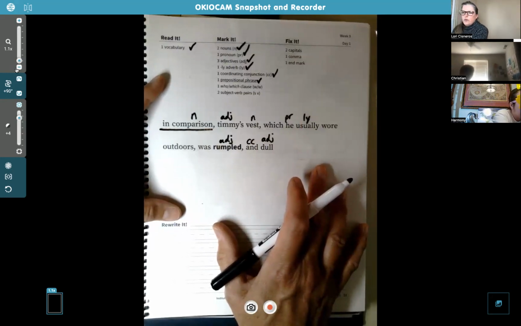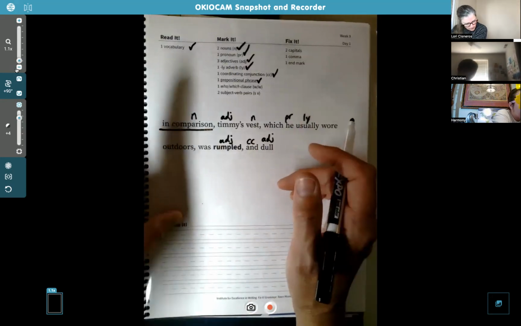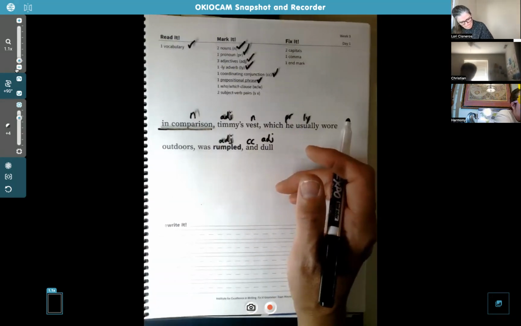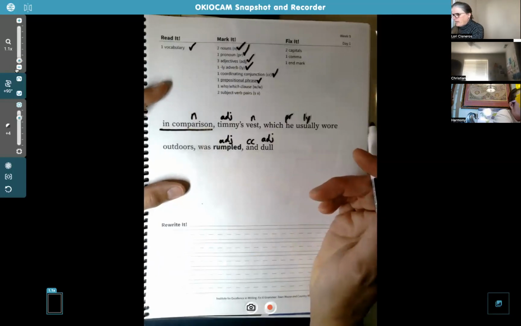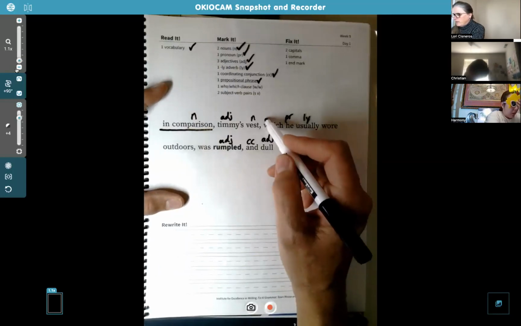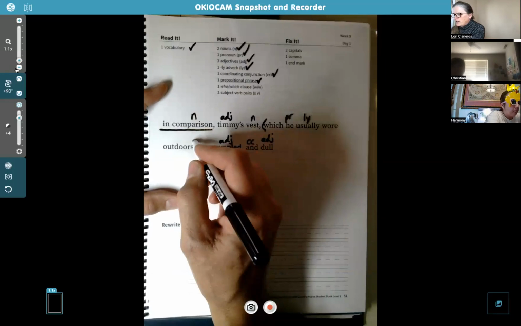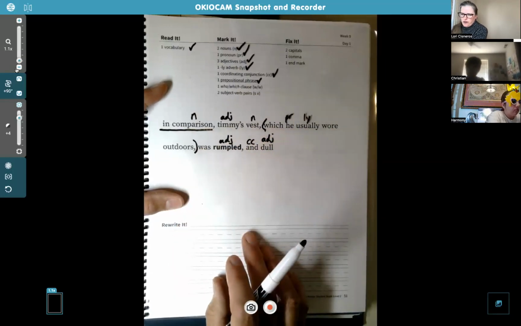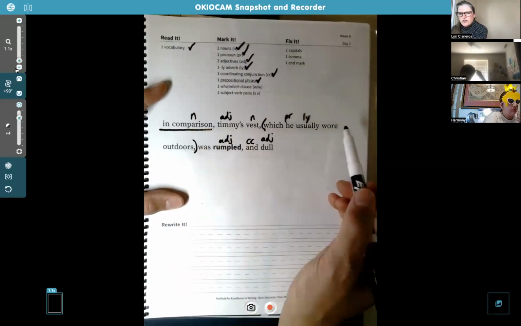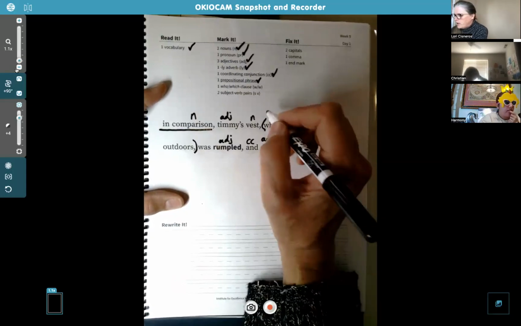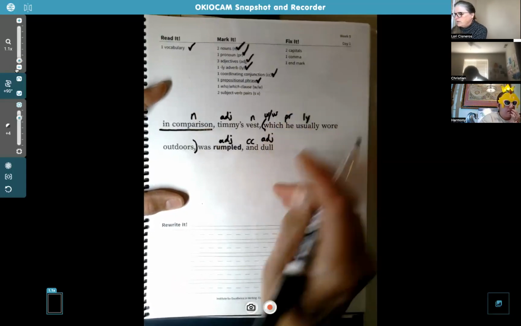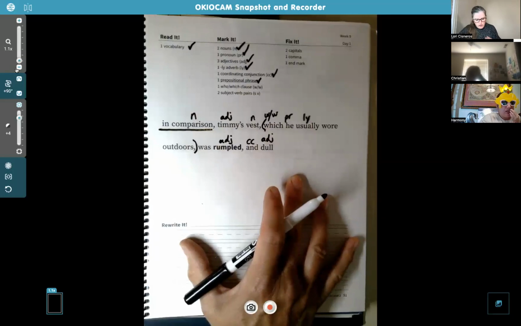Where is the who which clause? It's after vest, then goes which, and then it ends after outdoors. Good. Okay, so now let's talk about outdoors for a second here. Because this is a which clause, by the way, we're going to label it W/W, starts with which.